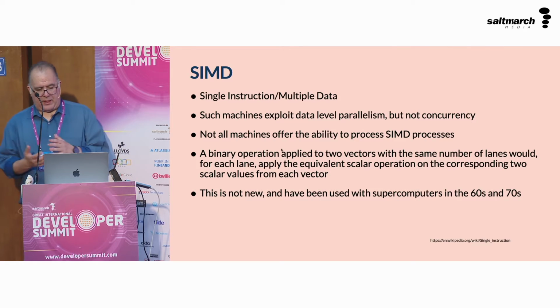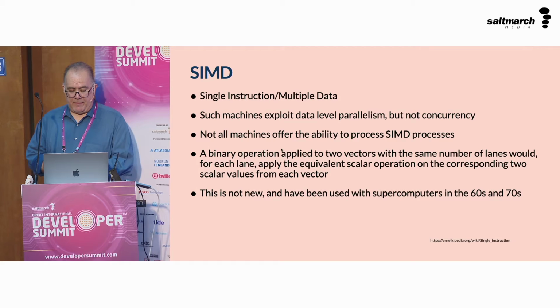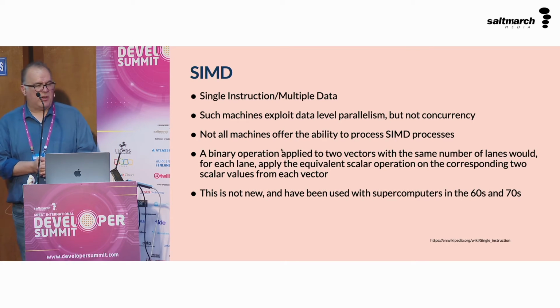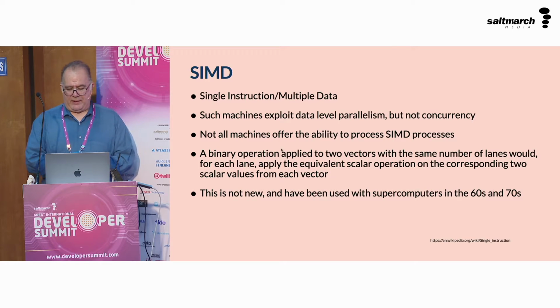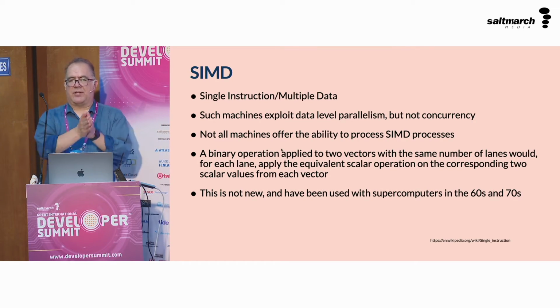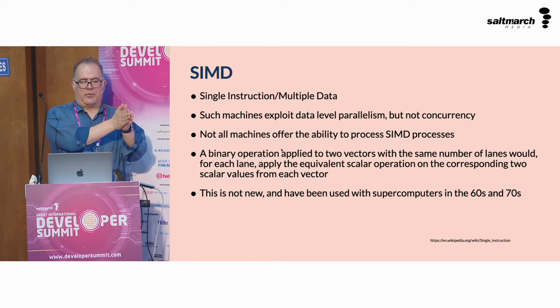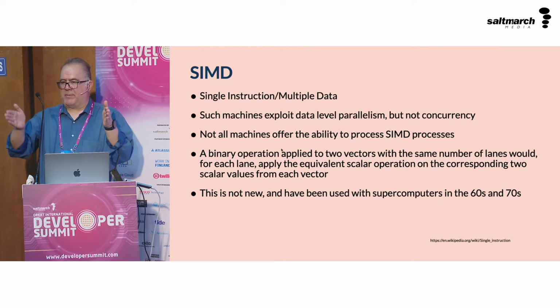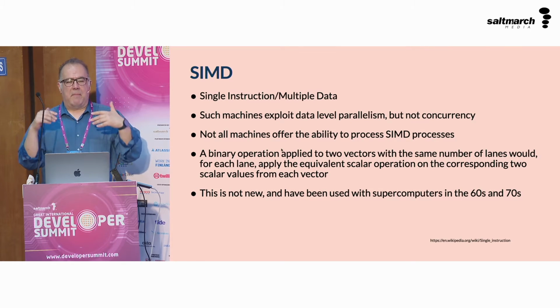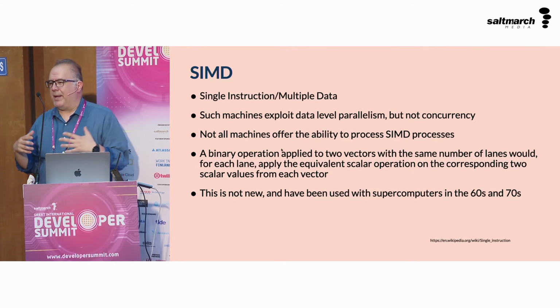So what we're going to be talking about is single instruction, multiple data, where we get to exploit parallelism, but not necessarily concurrency. Parallelism is actually doing everything in parallel. So if I have one computation, a second computation, a third computation, do it all at once, right? Concurrency is possibly parallelism, but maybe not.